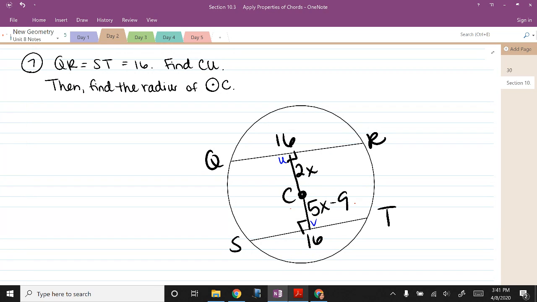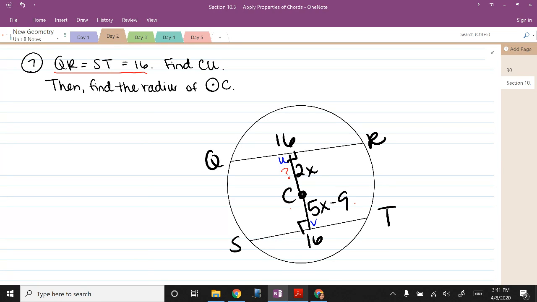It says QR and ST are equal measures and they both equal 16. That's what that means right there. Find the length of CU, which is this length right here. Okay, and it just says that's 2x. So that means I'm going to have to find what x is.